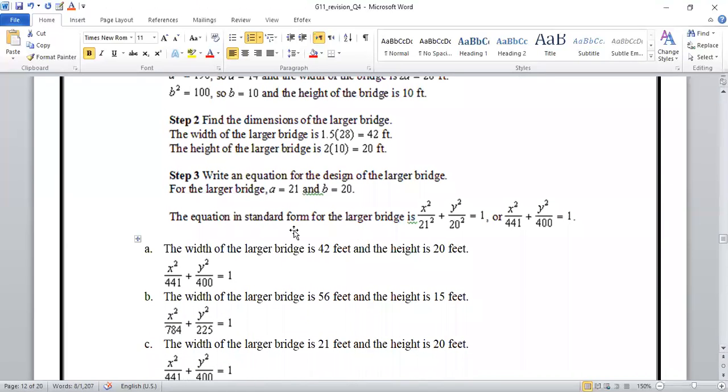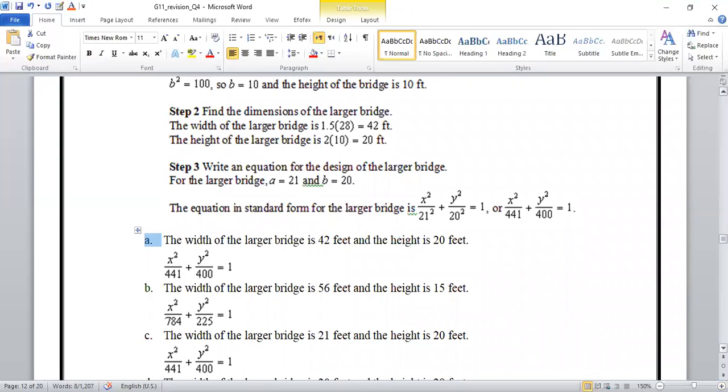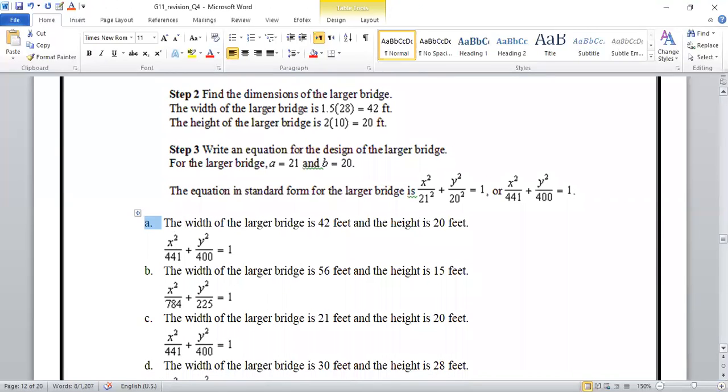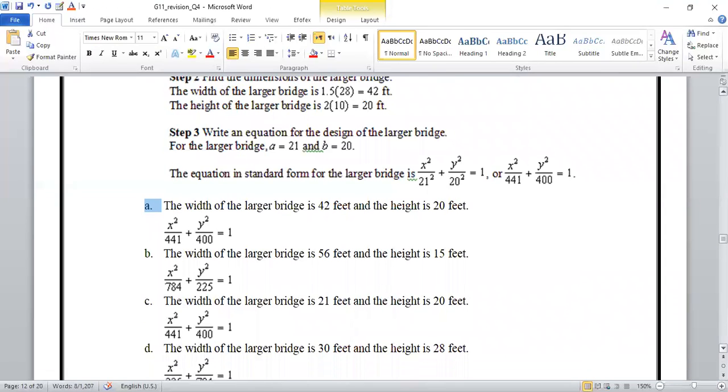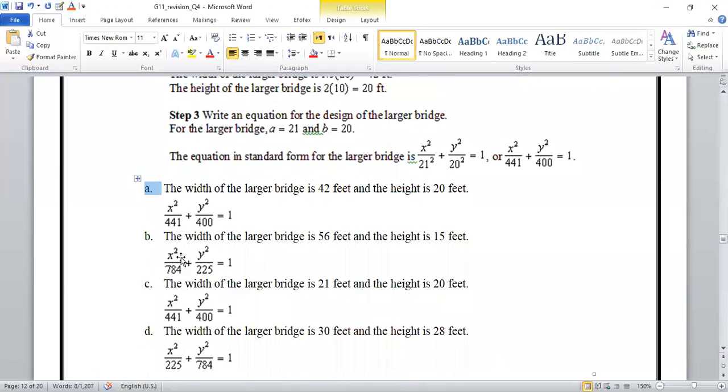So the answer is number A or number C. x squared over 441 plus y squared over 400 equal 1, and x squared over 441 plus y squared over 400 equal 1. Which one is true?